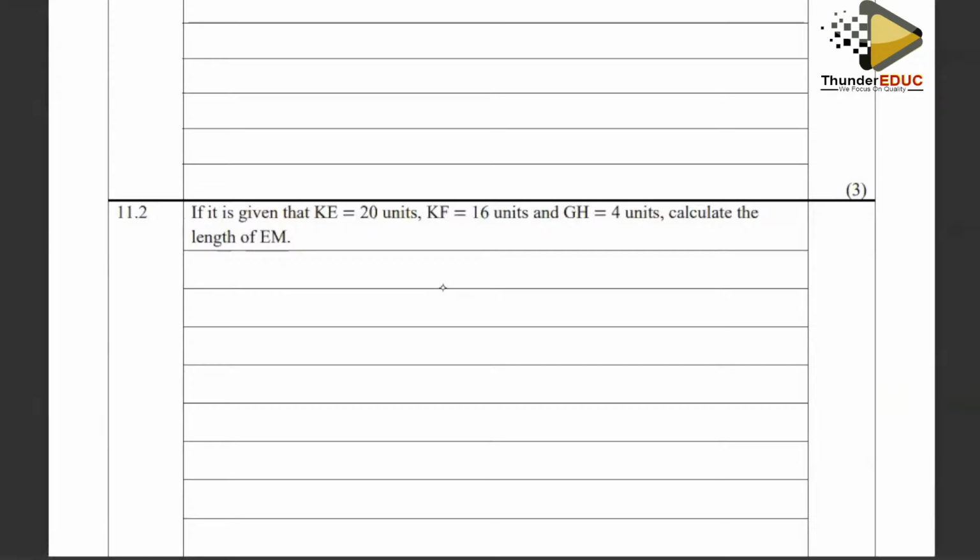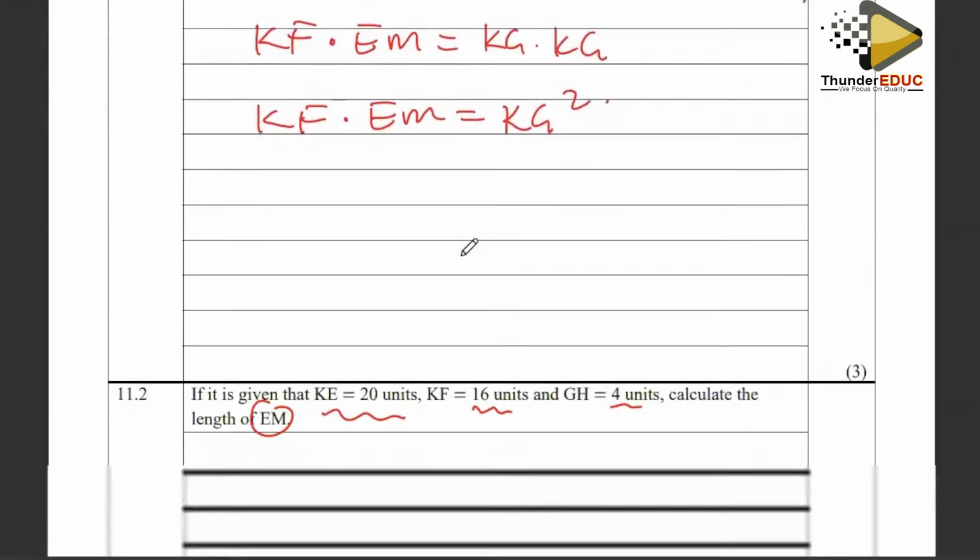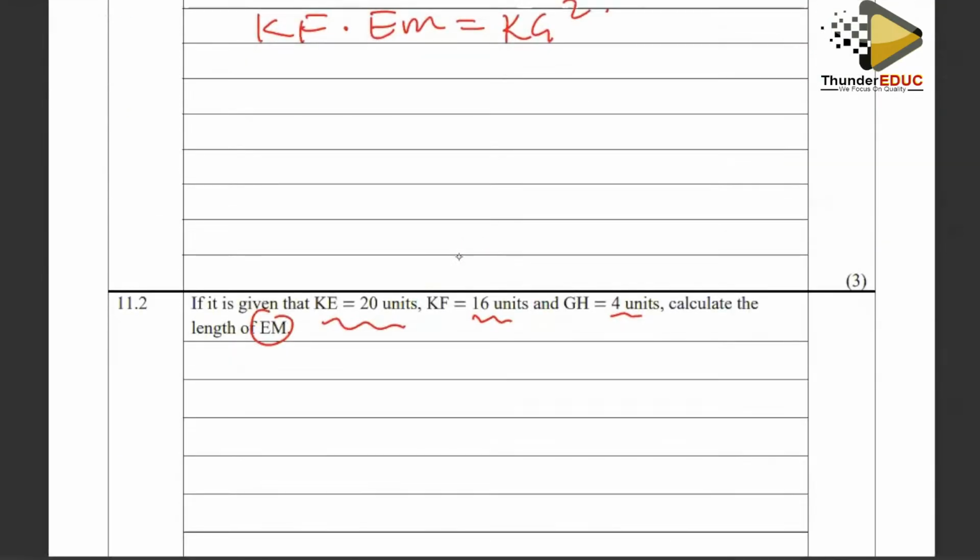If the length of KE is 20, KF is 16, and GH is 4, calculate the length of EM. Now remember, the previous two questions gave us two formulas. The last one was KG squared is equal to KF times EM.